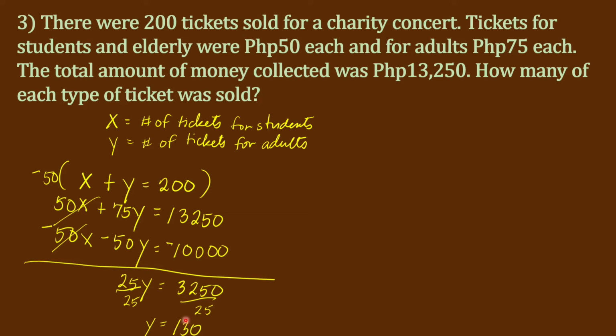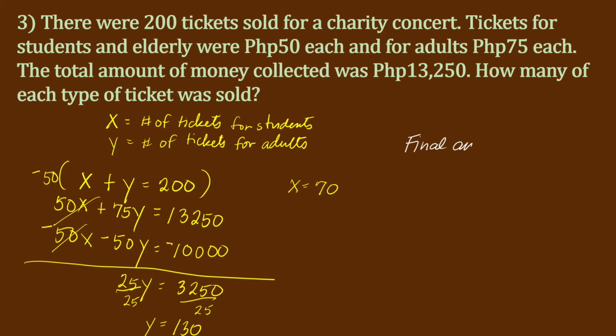Now, if we have 130 tickets for adults and the total number of tickets is 200, we can now identify the number of student tickets, which is just 200 minus 130. So there are 70 tickets for students. Okay, we can now write our final answer.